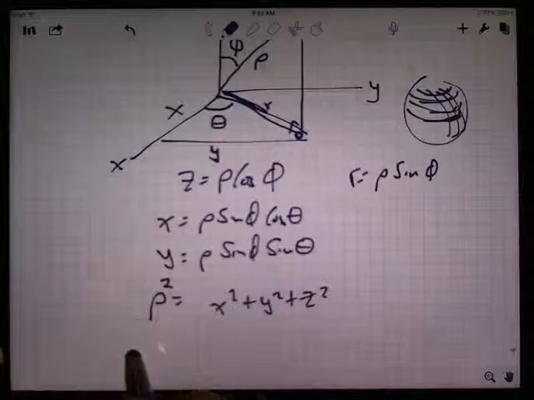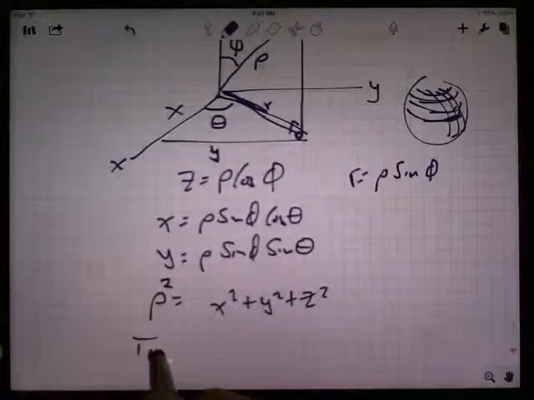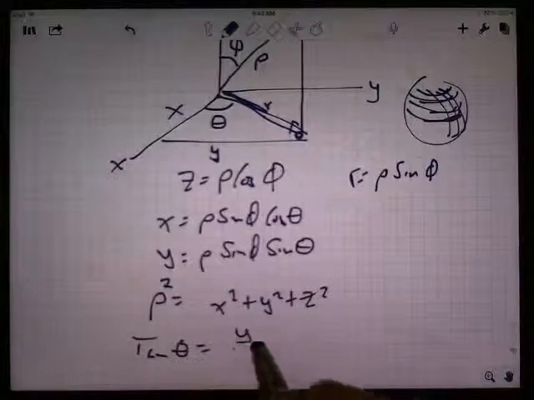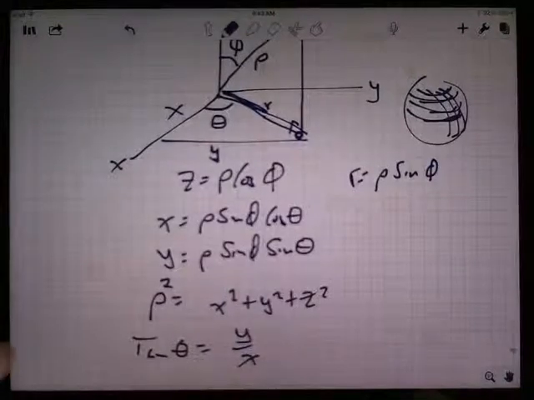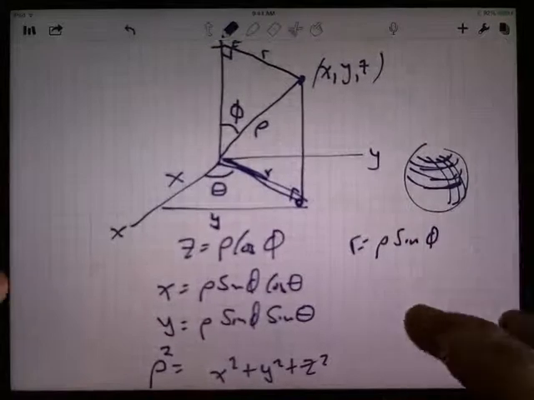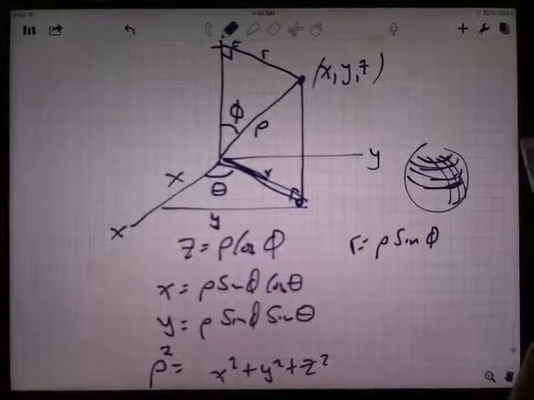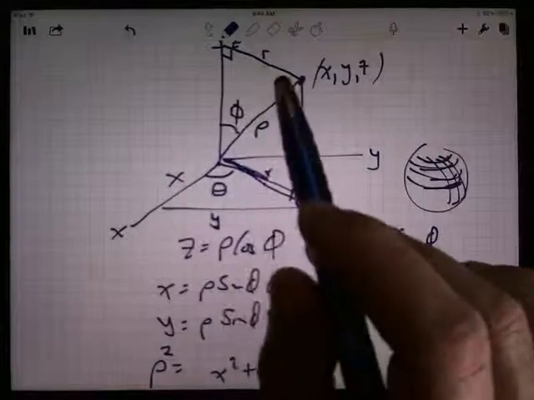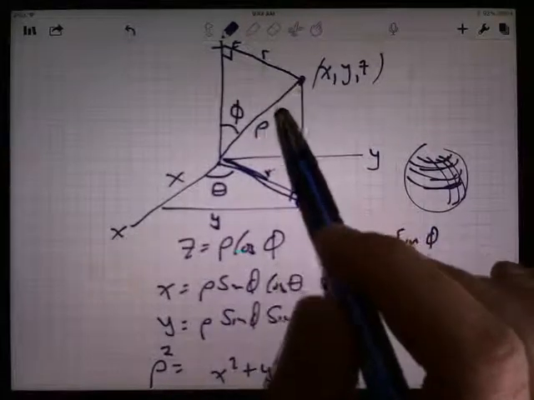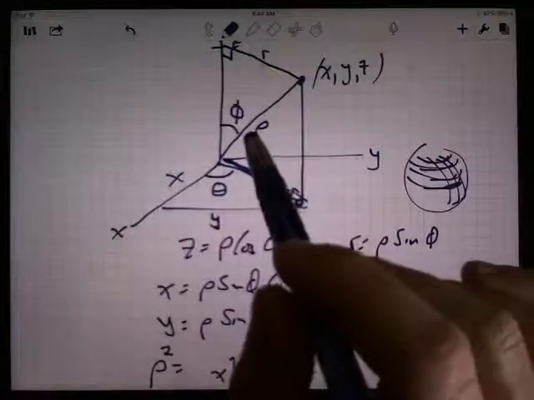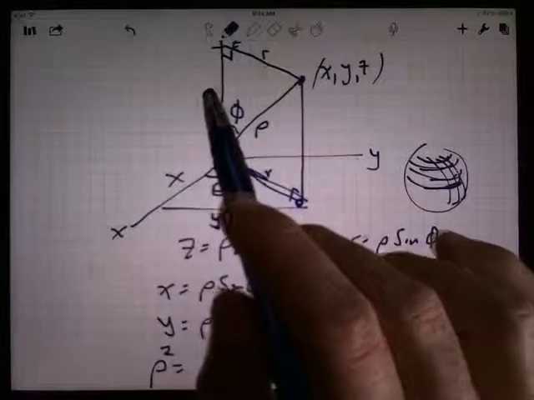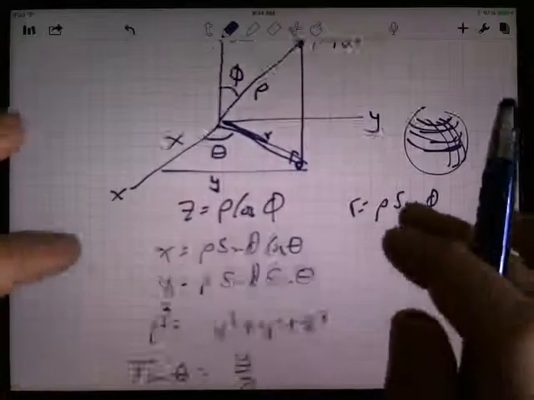Likewise, the tangent of theta is still y over x. To calculate phi directly from x, y, and z, I'm going to say it's the inverse tangent of r over z.